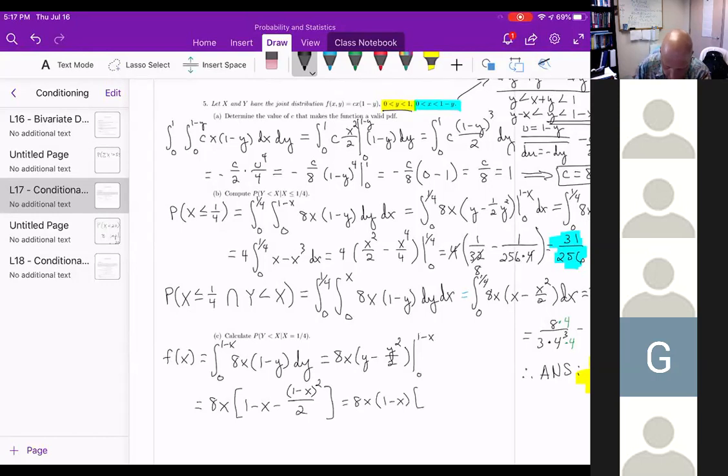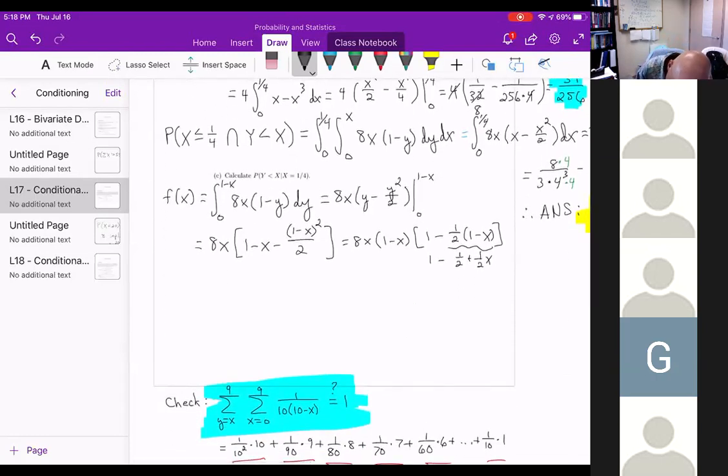And when I do that, I've got a 1 minus a 1/2 of 1 minus x. So that's going to be this term. This is 1/2 minus a half of x. And if I remember to bring this negative sign out front, this is going to simplify to 1 minus a half plus x over 2.